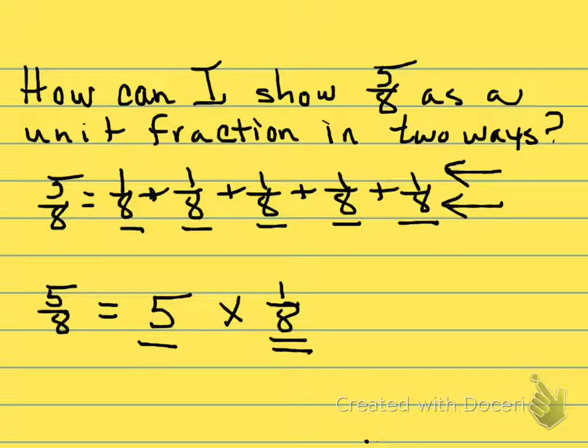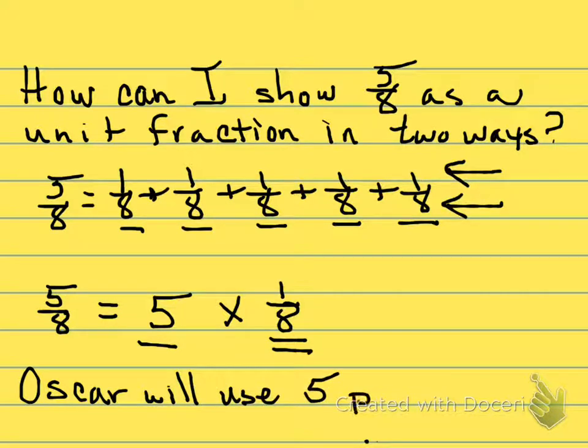In this situation, we understand that 1/8 is the size of the pieces of pizza, and 5 would be the number of plates that Oscar would need. So to answer the question, how many plates does Oscar use? Oscar will use 5 plates for the remaining slices of banana bread. Let's go on.